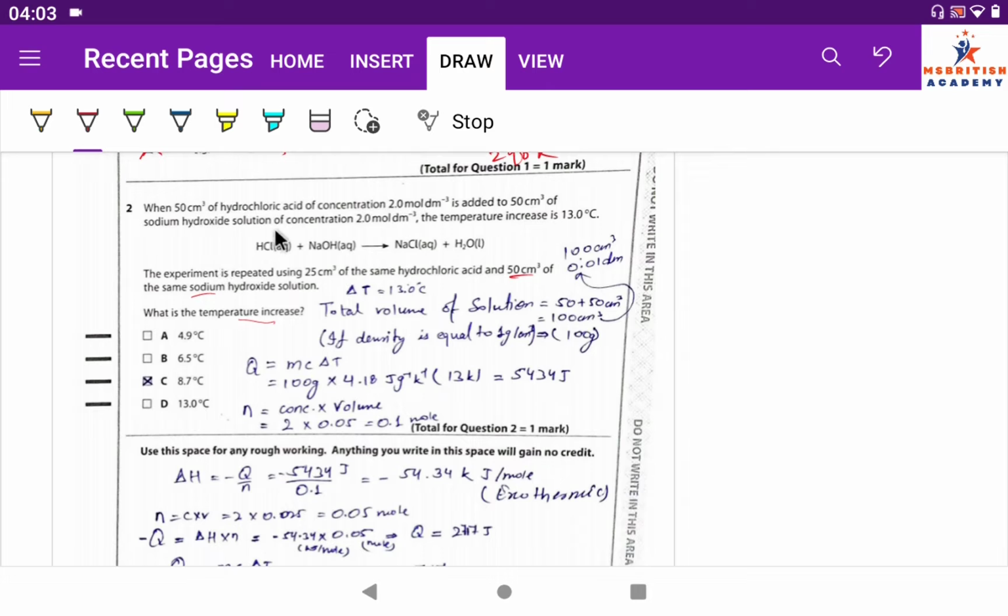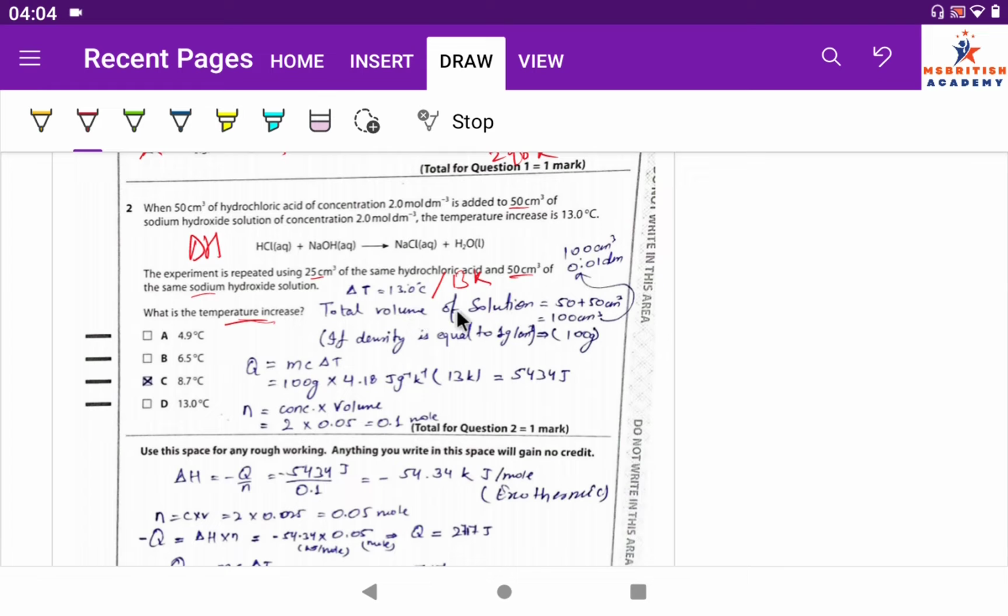So first we will solve delta H for this equation when we have taken 50 and 50. After that we will calculate the temperature when it is taking 25. So delta T is 13 in degrees Celsius, or it is equivalent to 13 Kelvin, because when we are taking a difference the unit won't change.